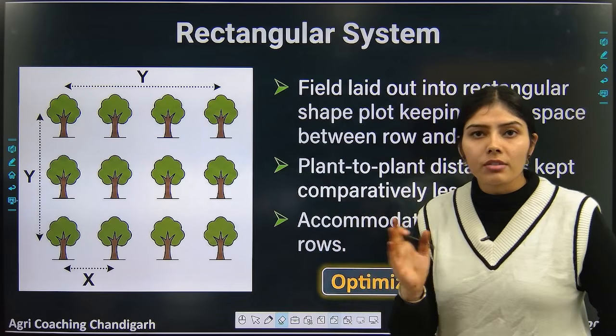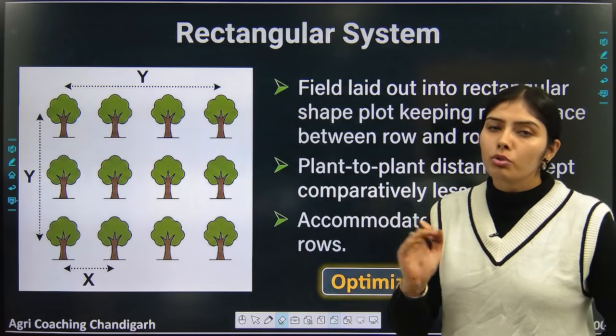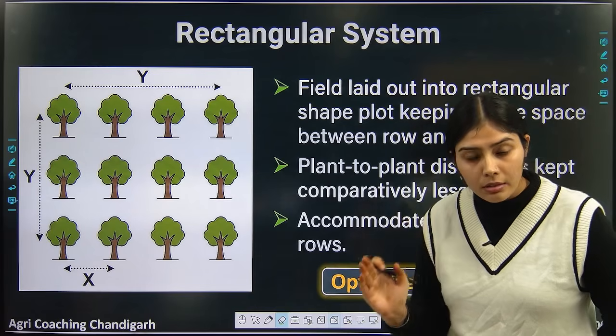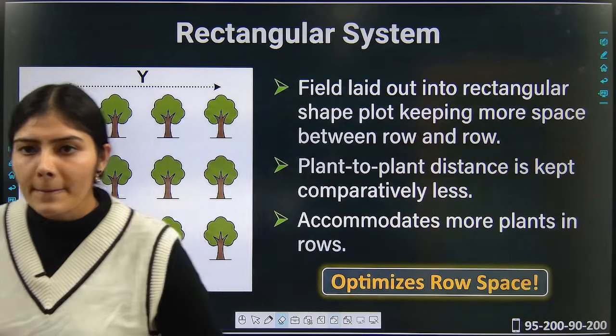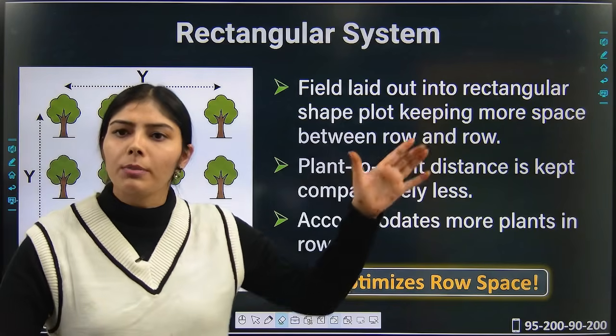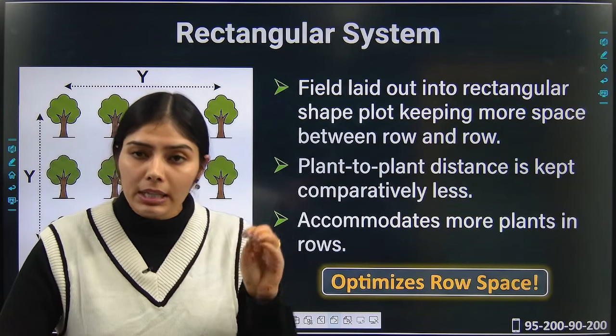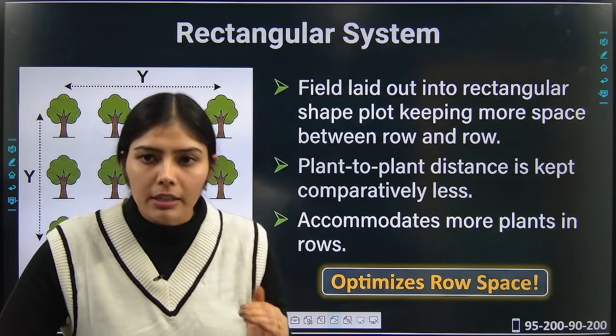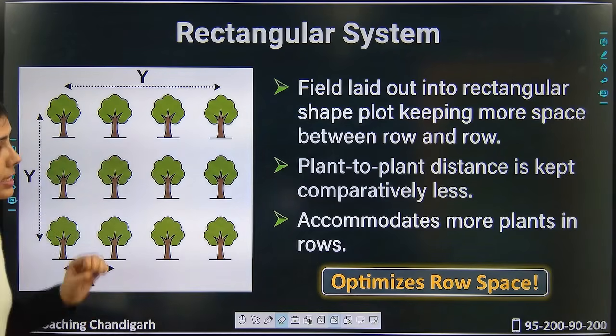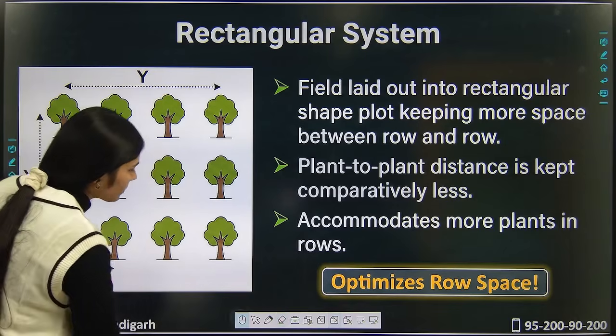So the alternate sides will have equal distance. Accordingly, row to row space will be more and plant to plant distance will be less. So hence in a single row more number of plants can be accommodated. So it will optimize the row spacing in your rectangular system of layout.